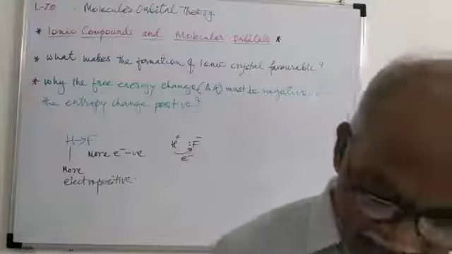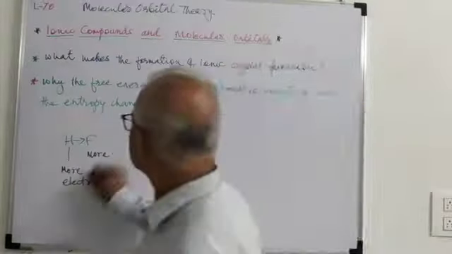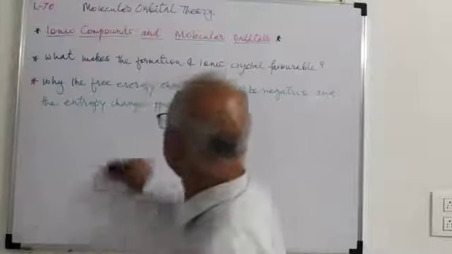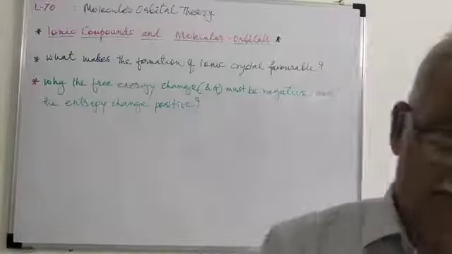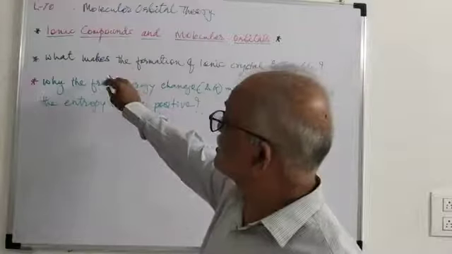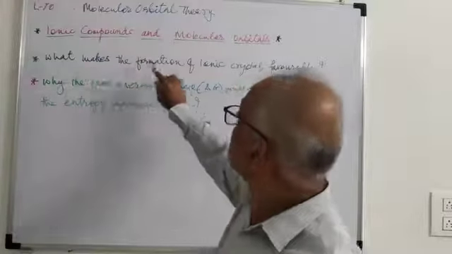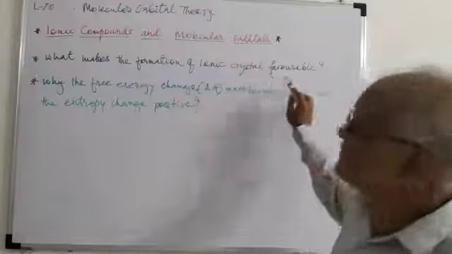We can explain this using the molecular orbital diagram and taking a suitable example. So at this point, we are going to see what makes the formation of an ionic crystal favorable.